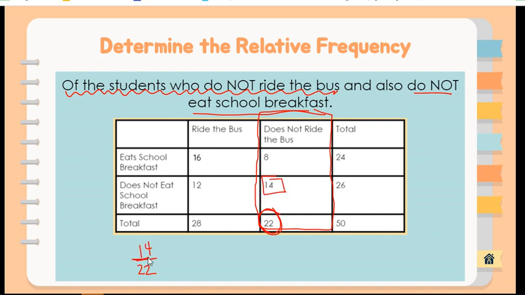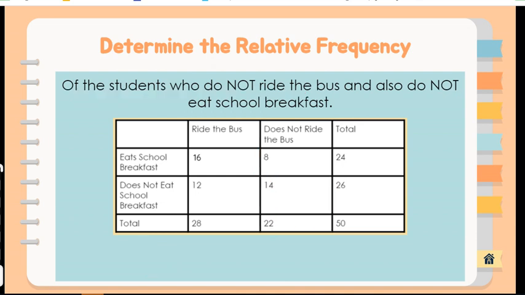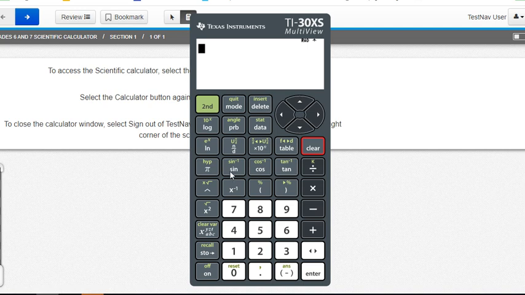So that's my numerator. All right, so I have 14 out of 22. I'm going to go to my calculator. I go N over D, 14 over 22, enter, 7/11.